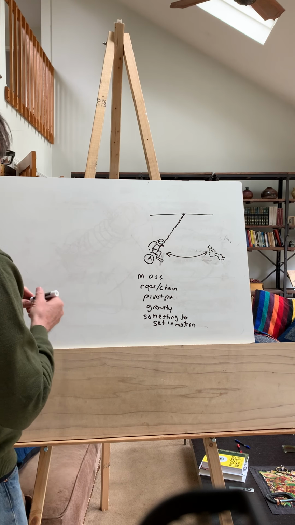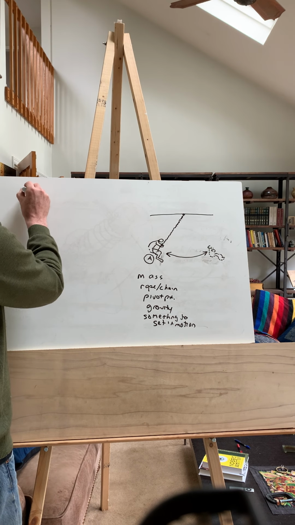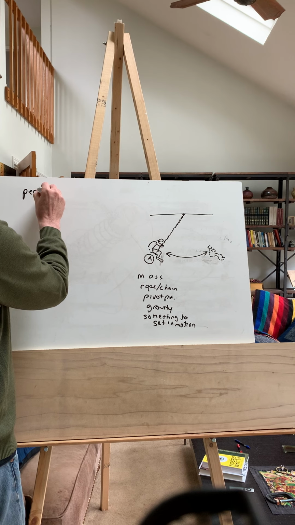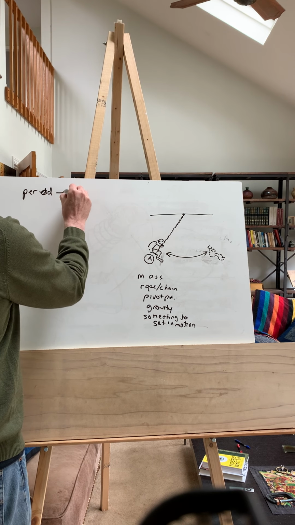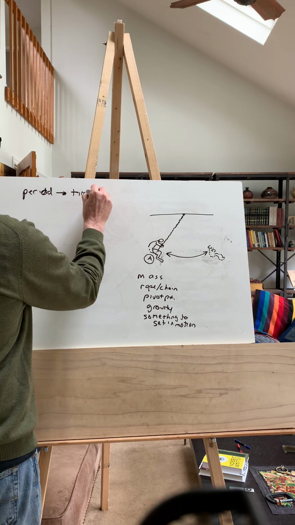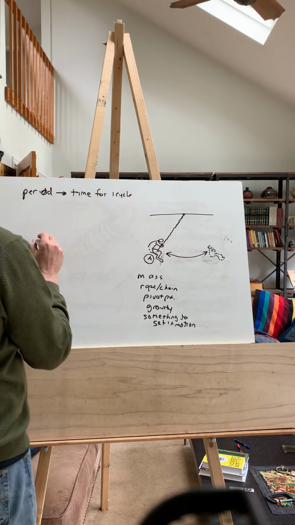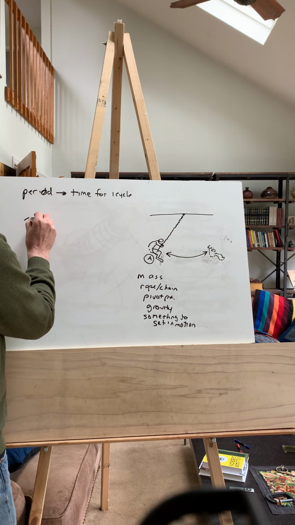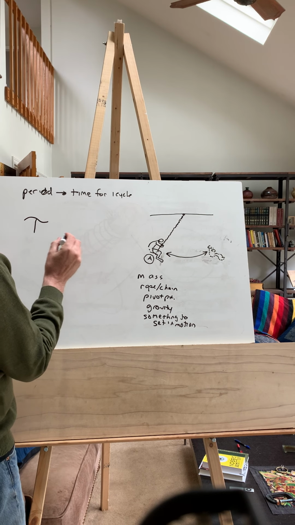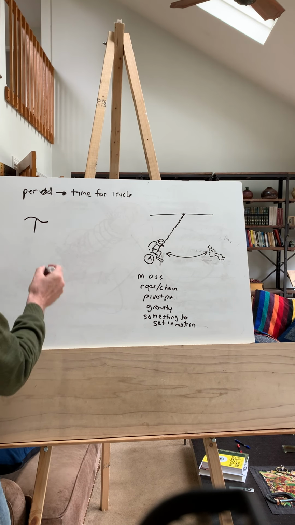Okay, quantity number one is called the period. And the period is a time for one cycle. And we represent period as tau. That's the Greek letter T for tau.